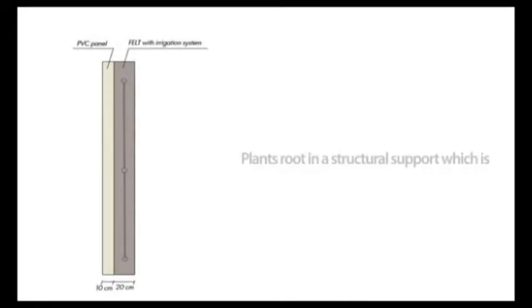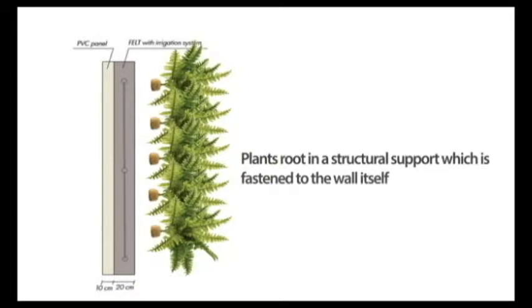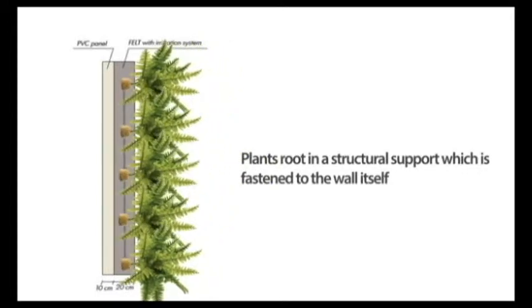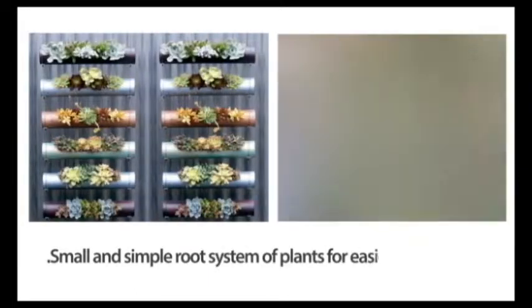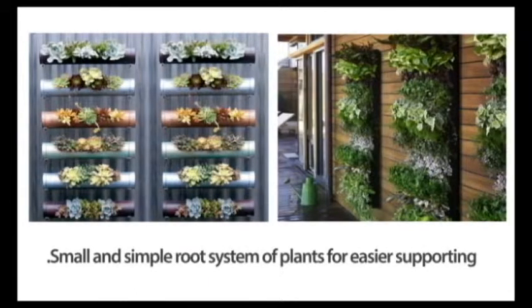They differ from green facades, for example ivy walls, in the plant's roots being in the structural support, which is fastened to the wall itself. The plants receive water and nutrients from within the vertical support instead of from the ground. Plants that grow very vigorously or develop a large complicated root system are not suitable for a vertical garden, as it will have trouble supporting them.